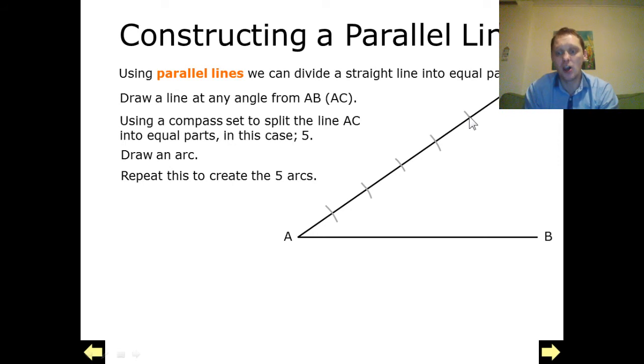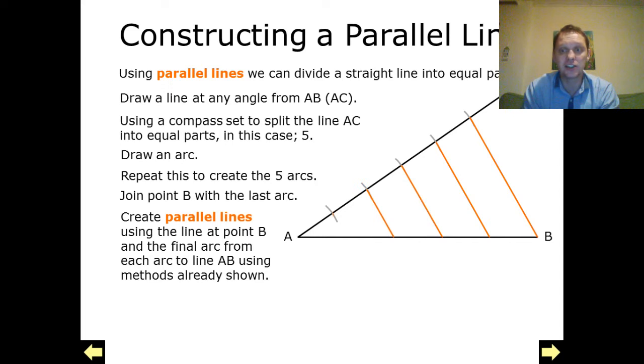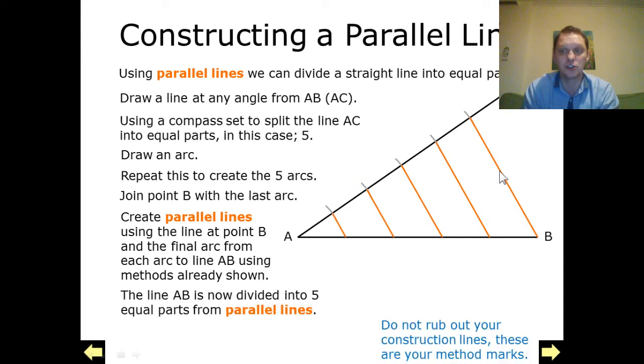Now I'm going to draw a line from my last arc created to my point B on my line segment. Now from this, I'm going to be using methods that I saw in the first slide, and I'm going to create parallel lines to this one just here.